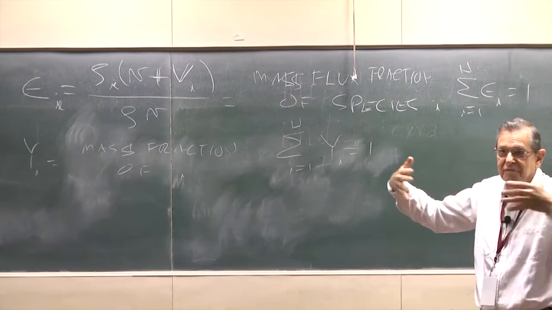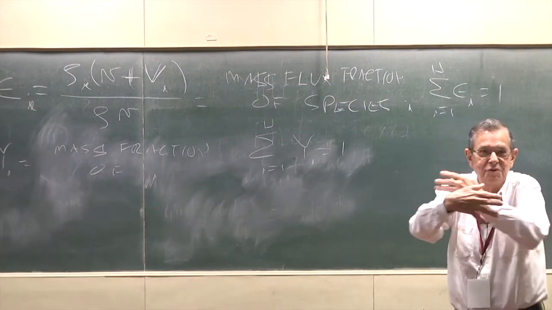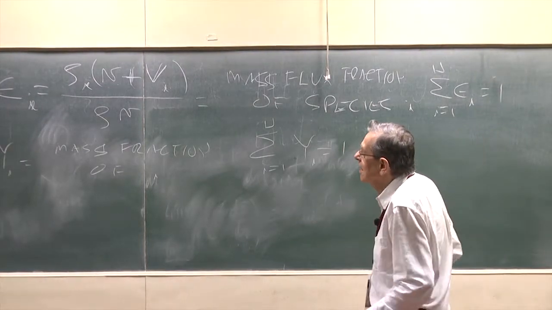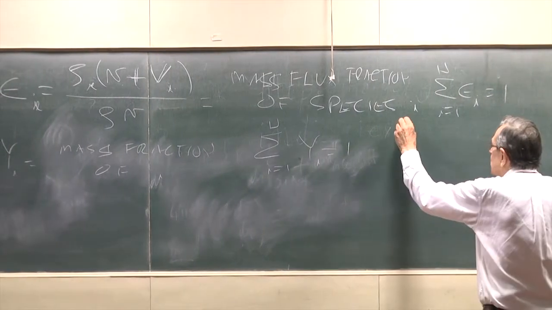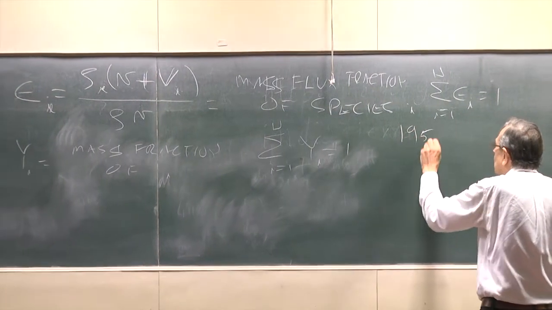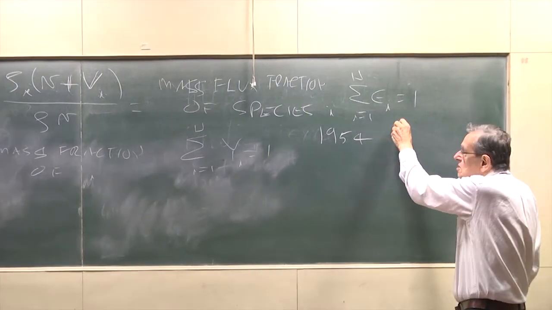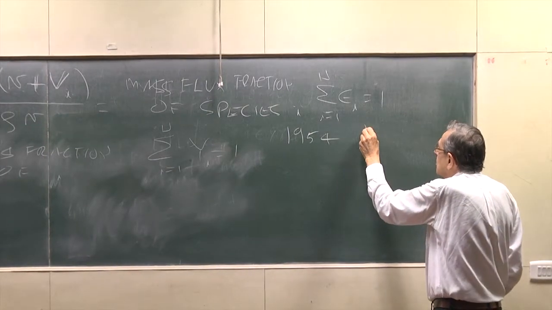In a diffusion flame, different species, even if it's one-dimensional, diffuse in different directions. So people tend not to introduce this, although it was introduced in the 1954 paper of von Karman and Penner on laminar flame structure. You usually don't find that in textbooks.